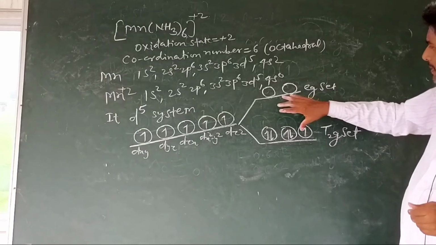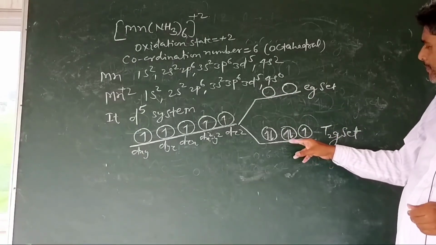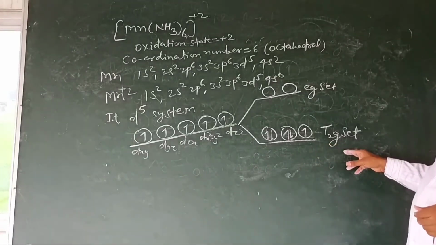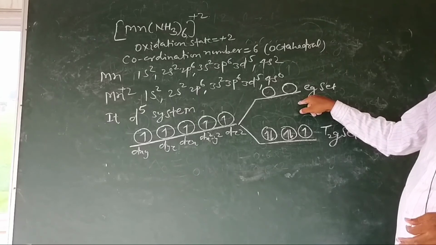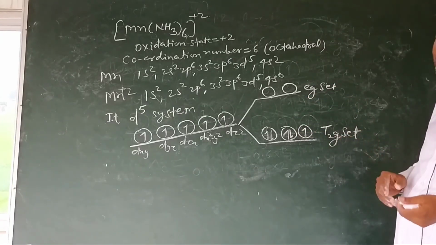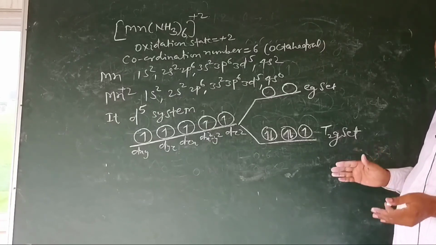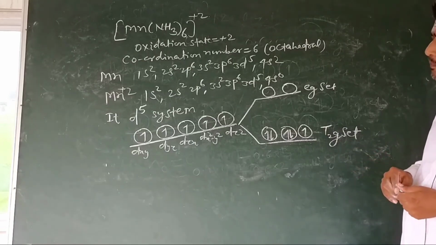On the basis of CFT for the octahedral complex, we will have 5 electrons in the t2g state and no electrons in the eg state. On the basis of this, we will calculate the CFSE, delta O, for the octahedral complex.